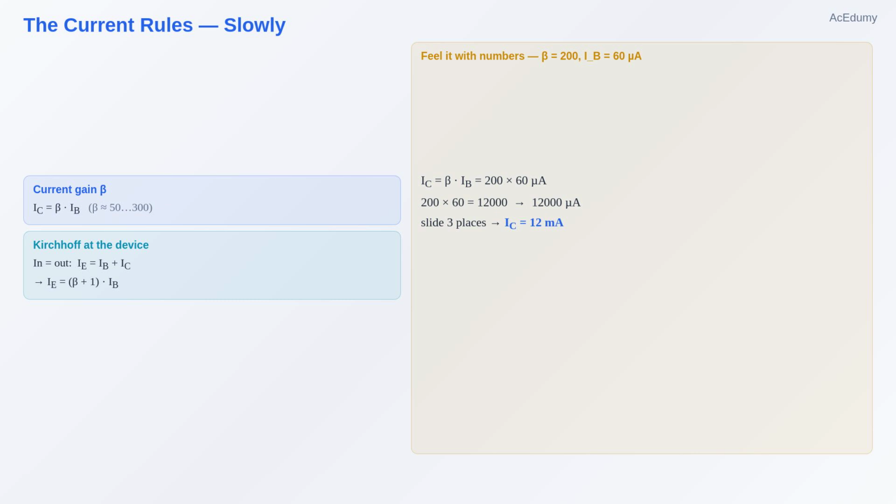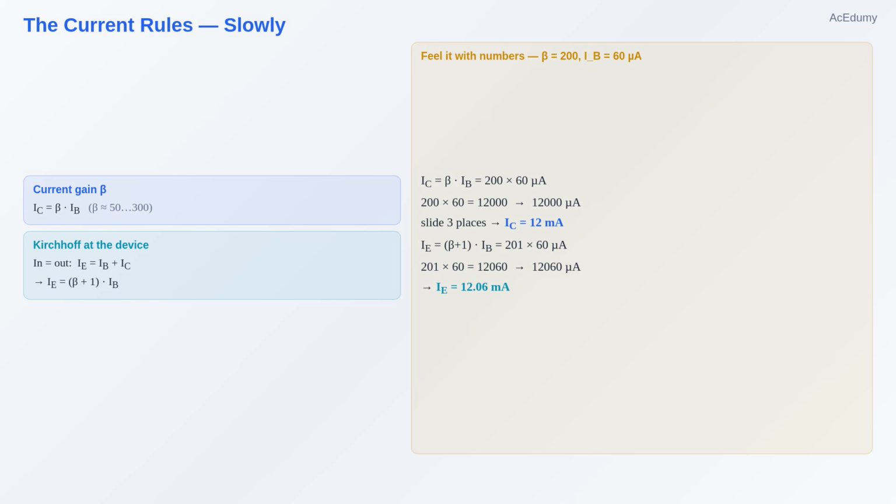Let us feel these with numbers. Say beta is 200 and the base current is 60 microamps. The collector current, 200 times 60 is 12,000 microamps. Slide the decimal 3 places, 12 milliamps.